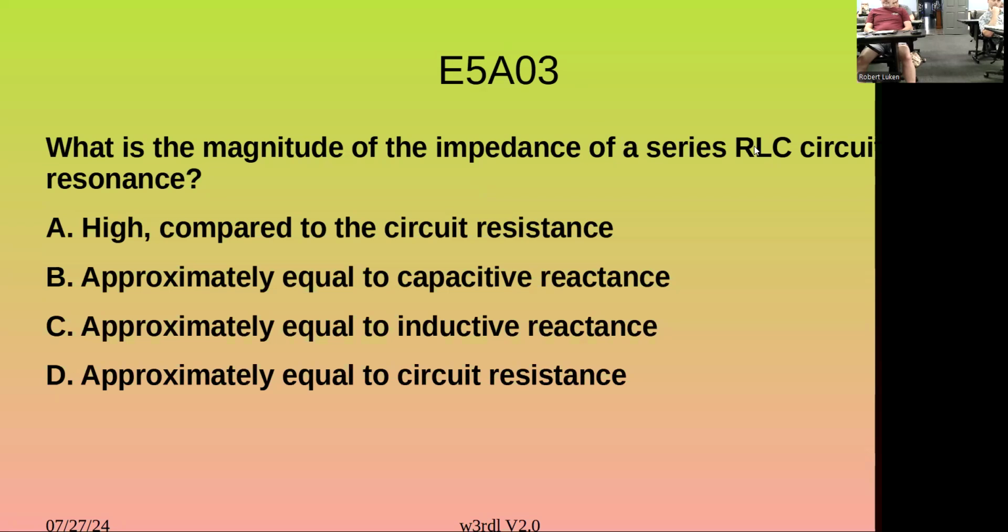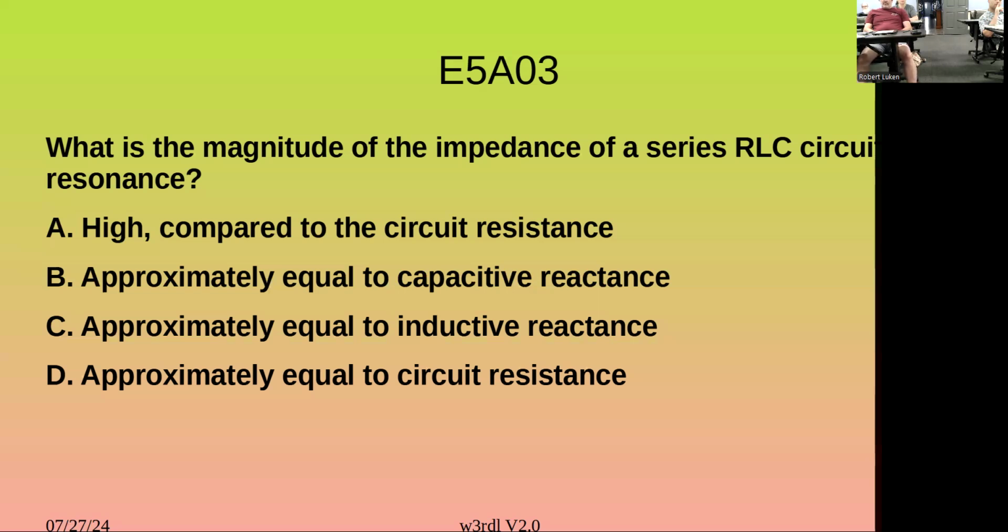So another real question: what's the magnitude of the impedance of a series RLC circuit at resonance? Remember, in a series circuit with a capacitor and inductor, the capacitor looks like an open circuit at 0 frequency, and the inductor looks like an open circuit at very high frequency.